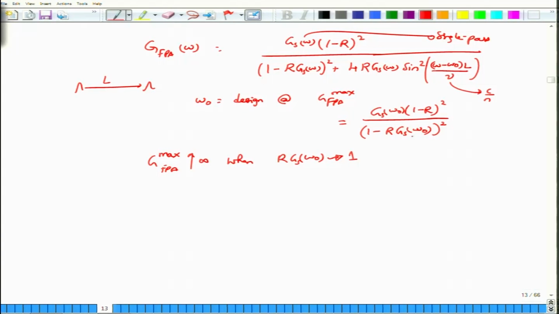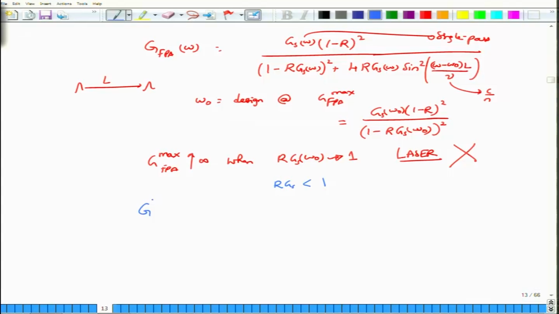When the denominator goes to 0, the gain goes to infinity, and instead of an amplifier you would have obtained a laser. Therefore, this condition is not suitable for us, and R G_s should always be kept less than 1, in fact much less than 1. That is the first observation.